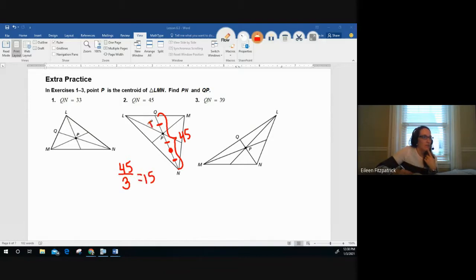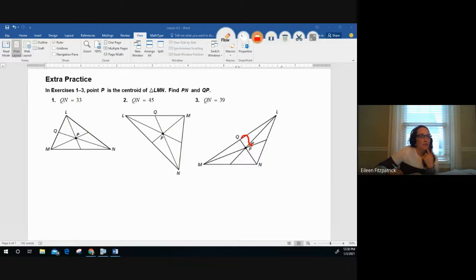That means each of the segments is 15, 15, 15. So again, the whole thing was given as 45. And now based on my labeling, I know that from P to Q is equal to 15, and from N to P, it's equal to 30.